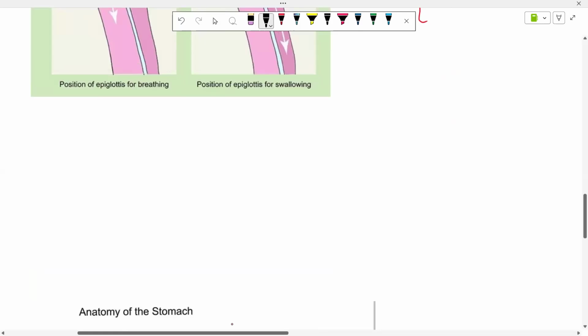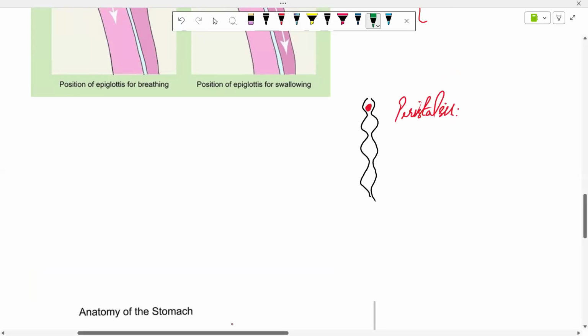Now there is a special movement of the esophagus which is known as peristalsis. What is peristalsis?